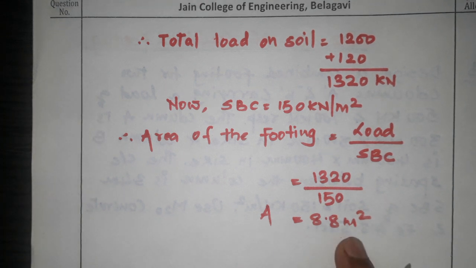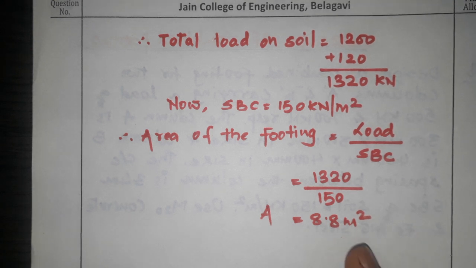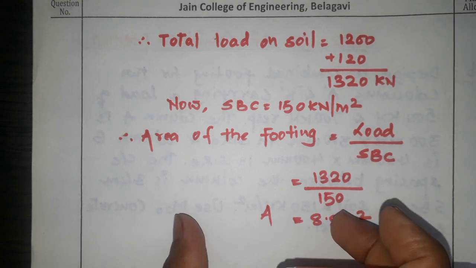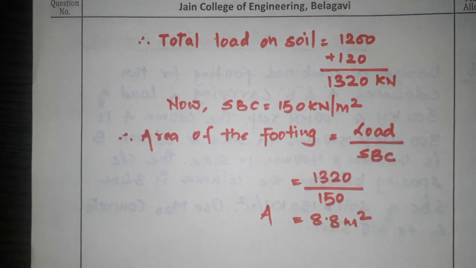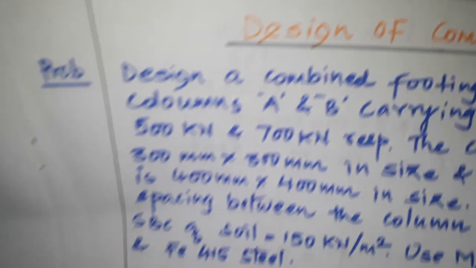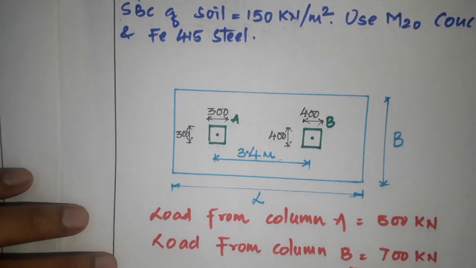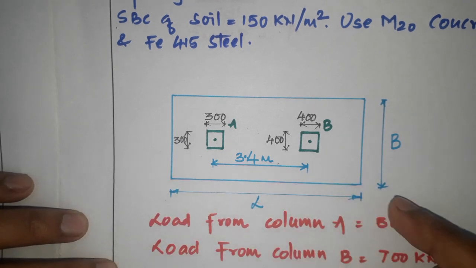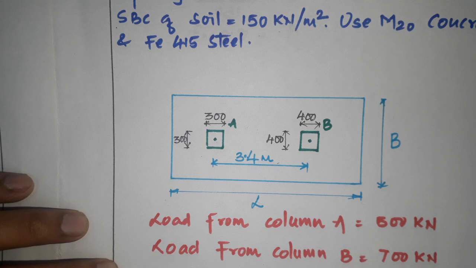After getting the area, 8.8 meter square, we have to convert this area into size, that is length and width. What should be the length of the footing and what should be the width of the footing. Understood?